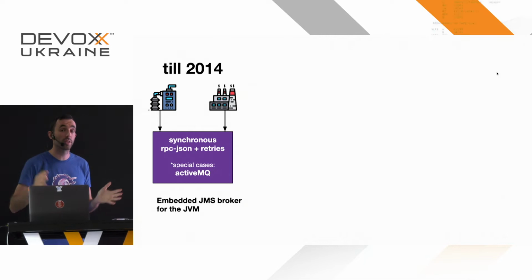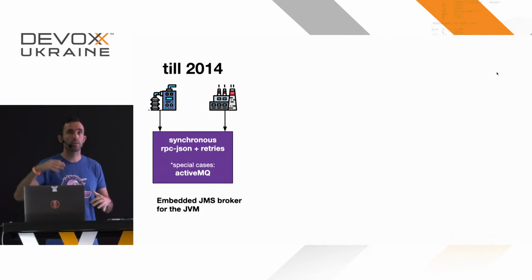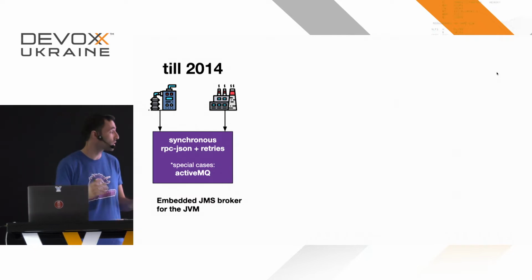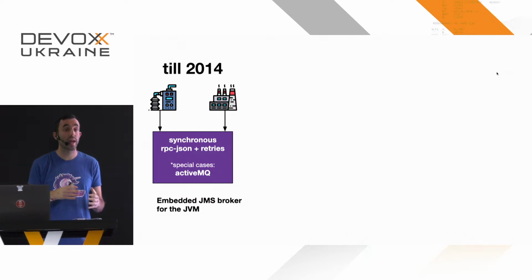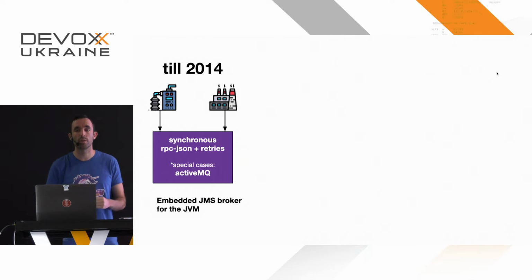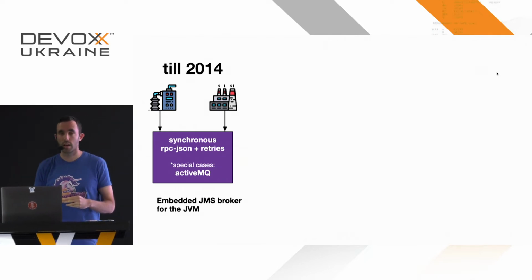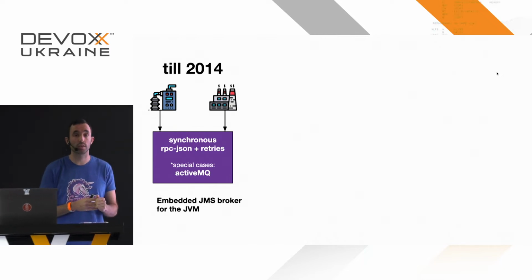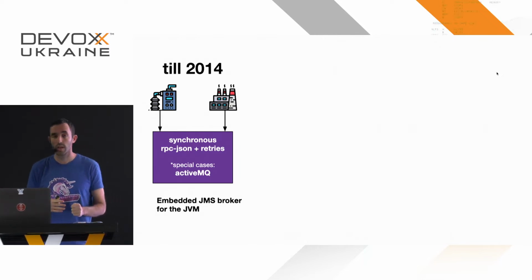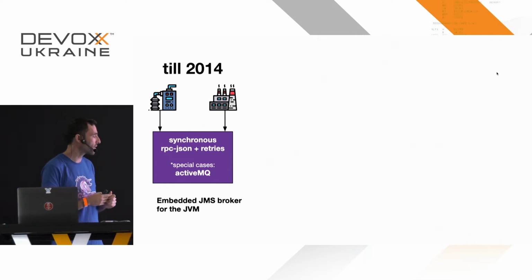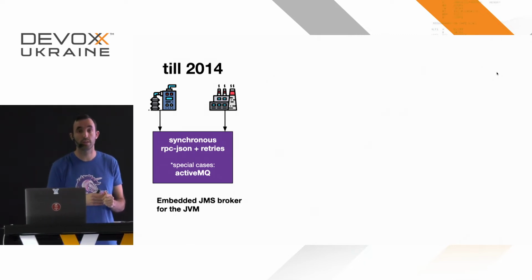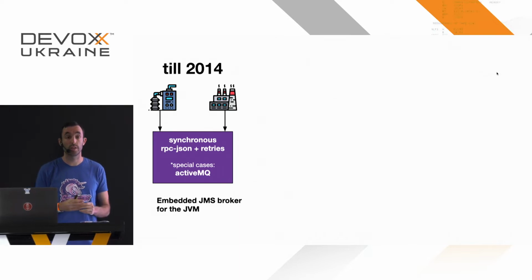And for very special cases where you wanted complete fault tolerance and scheduled retries, we used ActiveMQ, if you remember good old ActiveMQ, and built on top of it the retry mechanisms. And we really like the fact that we can use the embedded JMS broker of ActiveMQ for the JVM.